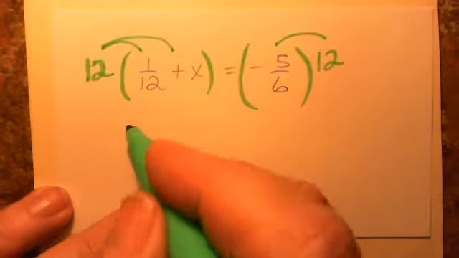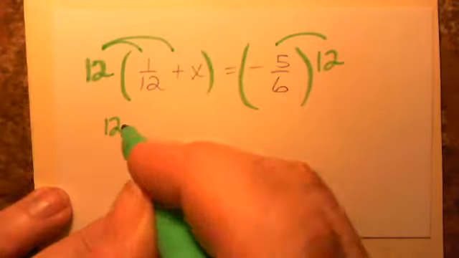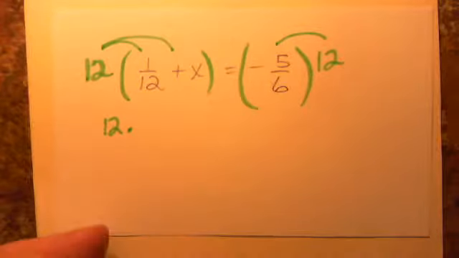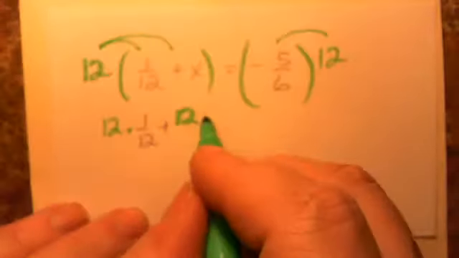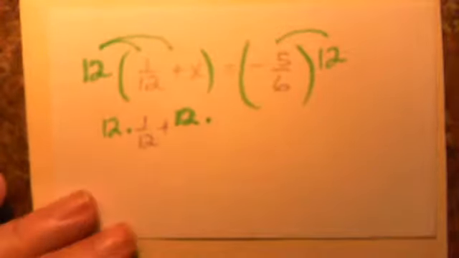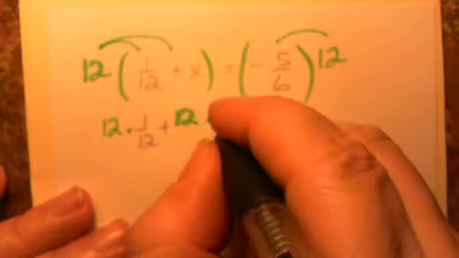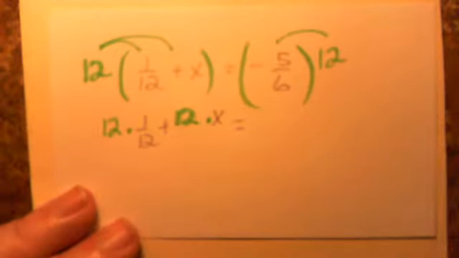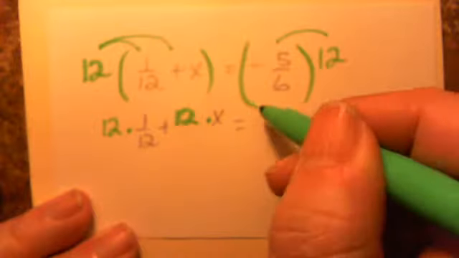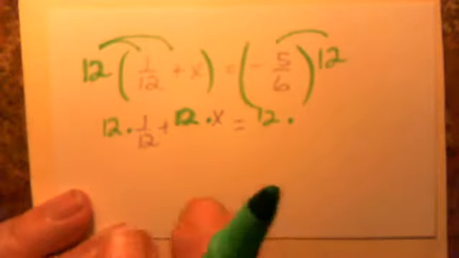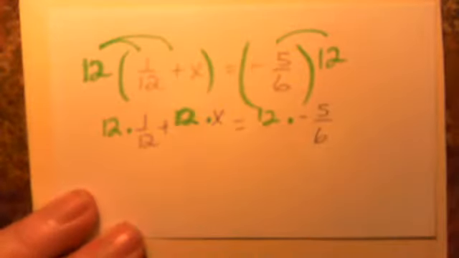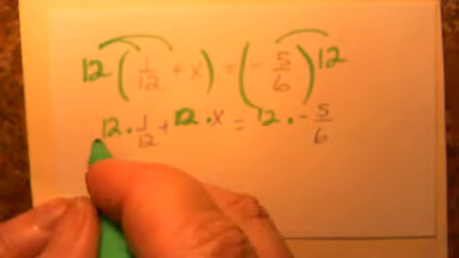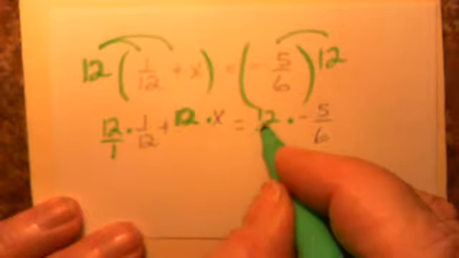So this would be 12 times 1/12 plus 12 times x. On the other side we have 12 times -5/6.